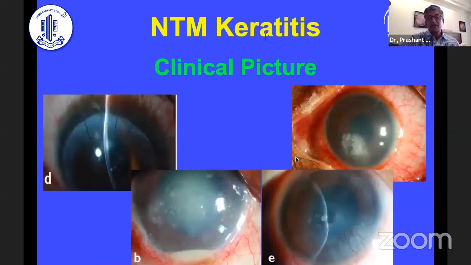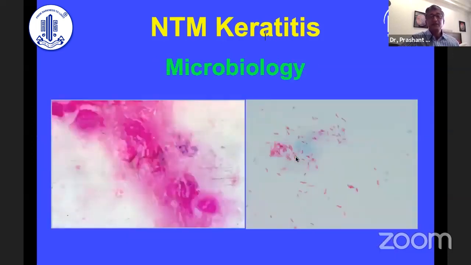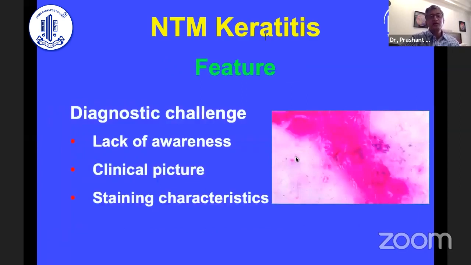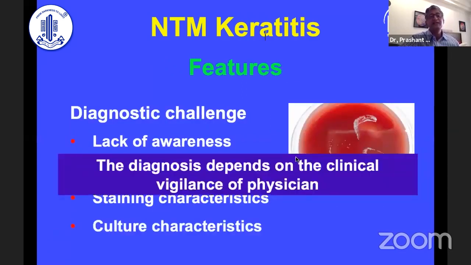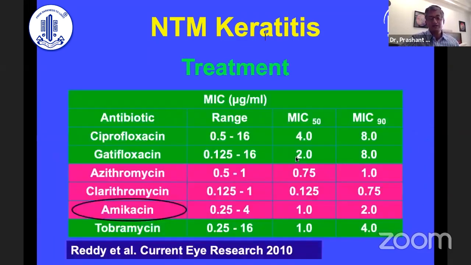Number two, the clinical picture, although described as a cracked windshield appearance, is not often seen in the analysis that we did at our center. Thirdly, many of these cases do not stain well with the Gram stain, which is the usual stain that we use, and therefore most of these organisms remain undetected on microscopy. Unless the culture is carefully viewed, you are likely to miss them. The only source we have is that diagnosis purely depends upon the clinical vigilance of physicians.